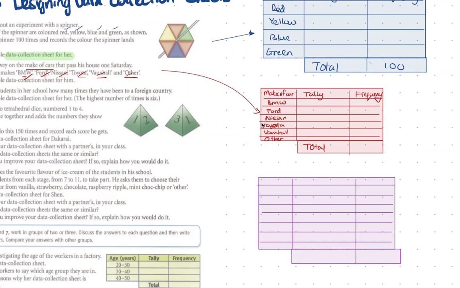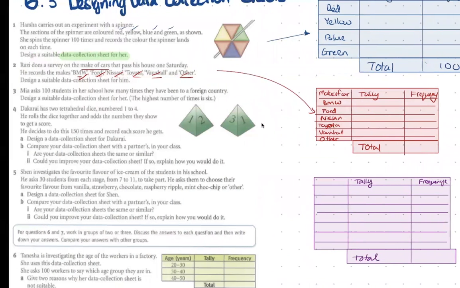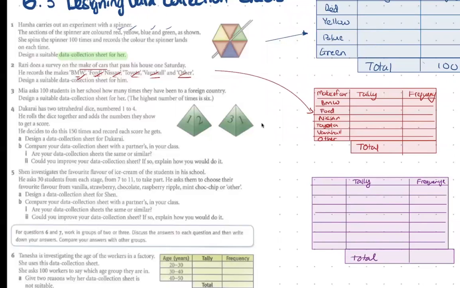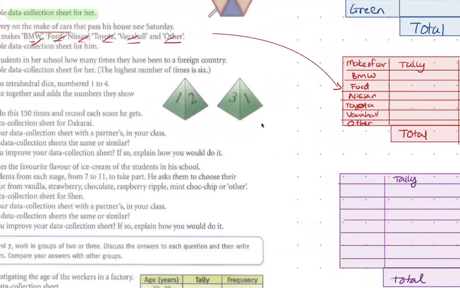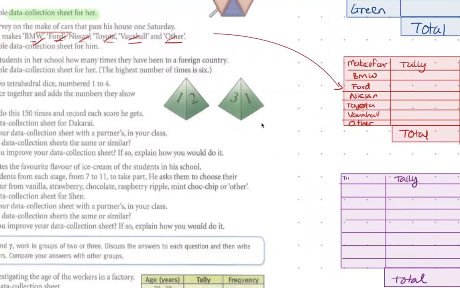Pull it down. So this is frequency. Tally. Total. And then here we're going to write times being in a foreign country.